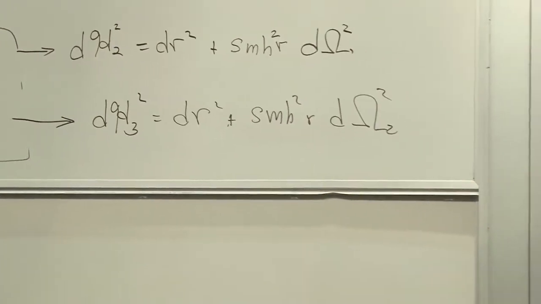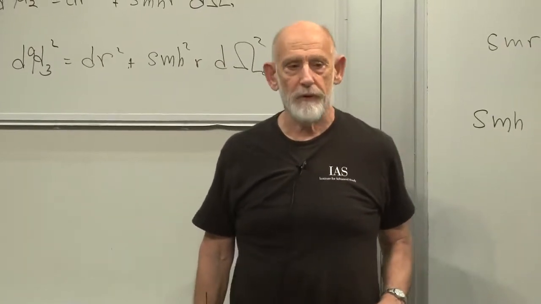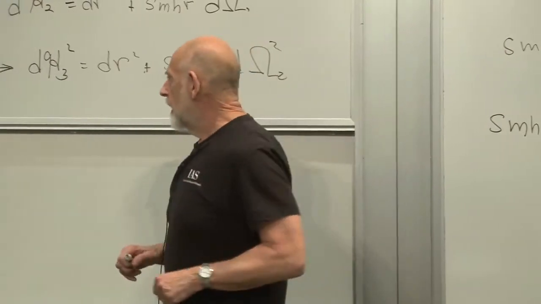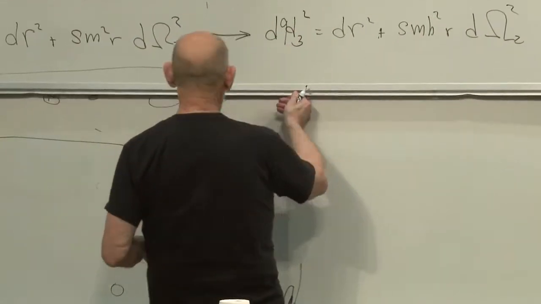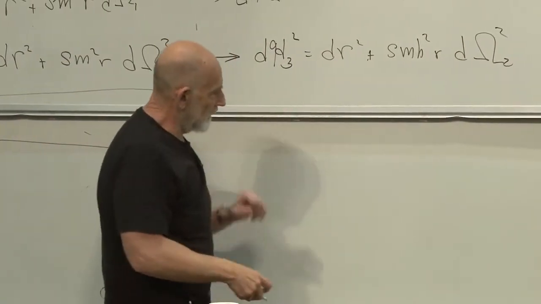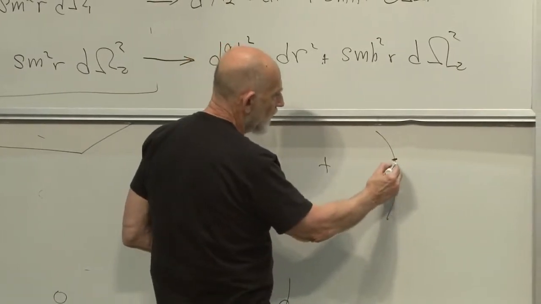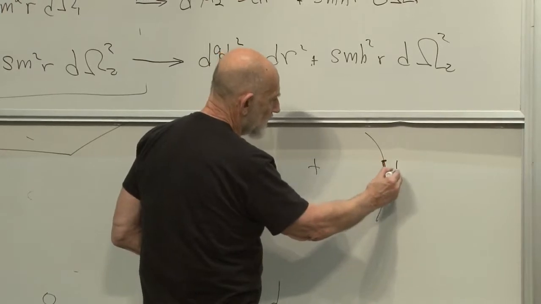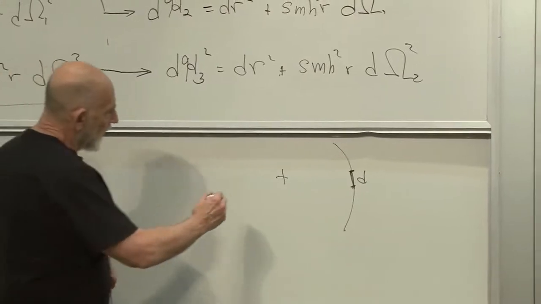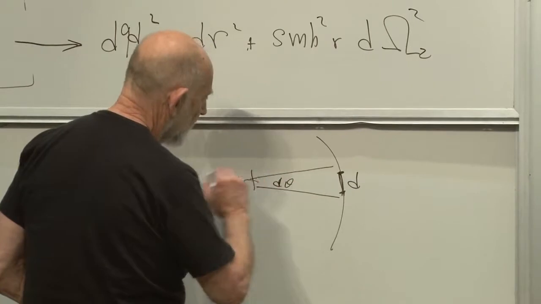What would you guess happens to the angle subtended by a galaxy as you go further and further away? Well, we can work it out in the hyperbolic geometry. Remember, we're at the center, looking at an object at a certain distance which has intrinsic size d. It occupies an angle on the sky, d theta.